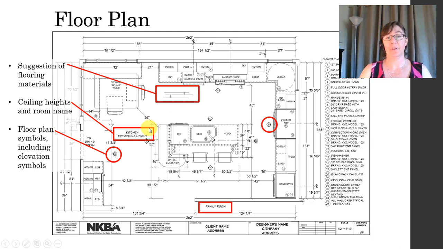These are just a note on the drawing. It says kitchen, 120-inch ceiling height. Here's another room name down here, family room. You also want to include any symbols, elevation, section, etc. Here's an elevation symbol right here, elevation C pointing that way. Elevation B is pointing this direction.